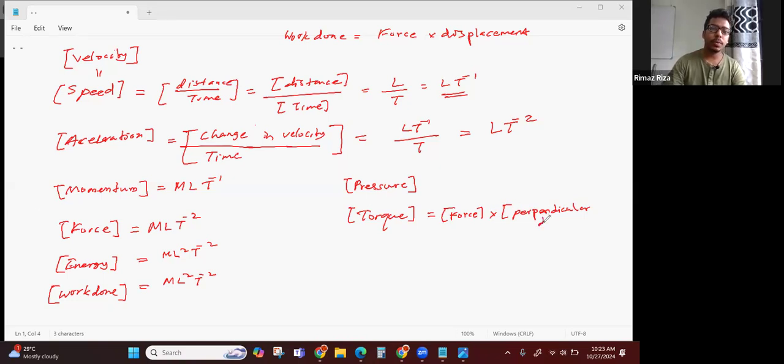It's better if you write perpendicular. So force M L T minus 2 into perpendicular distance L. So the torque has the same dimension as energy and work done.